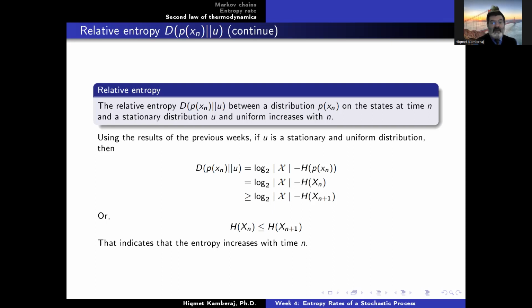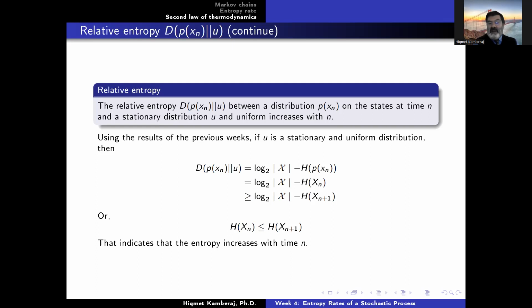Using the result from previous weeks, if U is now stationary but also uniform, then I have proved the theorem before that the relative entropy of P from U is equal to the log with base 2 of the cardinality chi of the random variable x minus the entropy of the distribution P of xn.